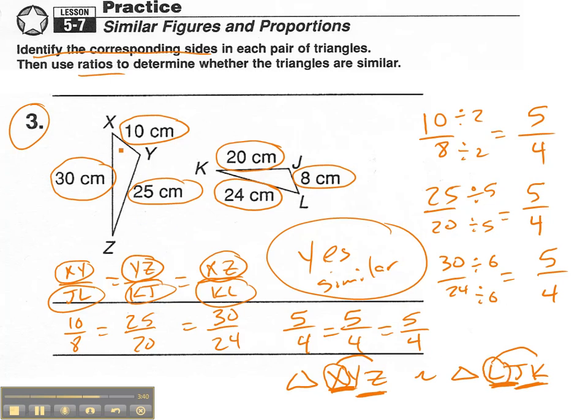So angle X is congruent to angle L. Angle Y, the middle angle, is congruent to angle J. Those obtuse angles are congruent. And finally, angle Z is congruent to angle K. This really small acute angle is congruent to this small acute angle.